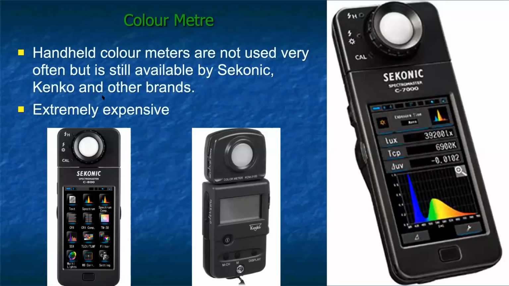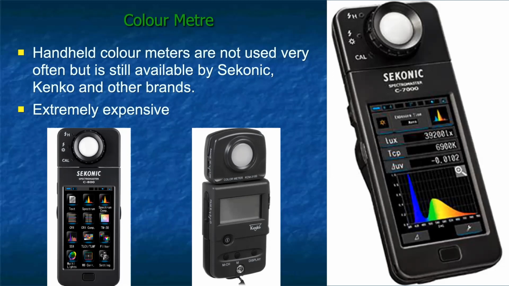So we do have some brands that will still make color meters. Sekonic is one of the more popular brands, and they make light meters, flash meters, and color meters, and it will allow you to do all the above. Here on the right side, you can see it's kind of like using a glorified iPhone or smartphone.